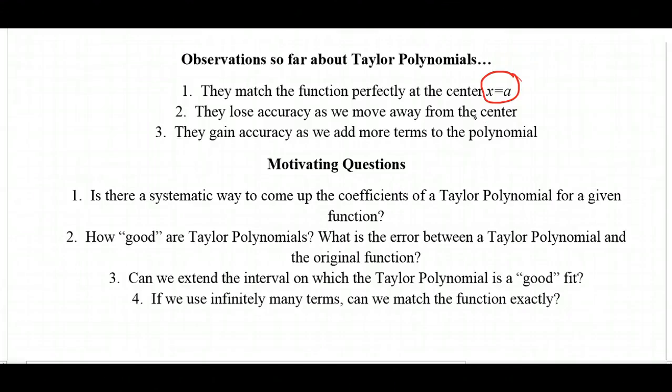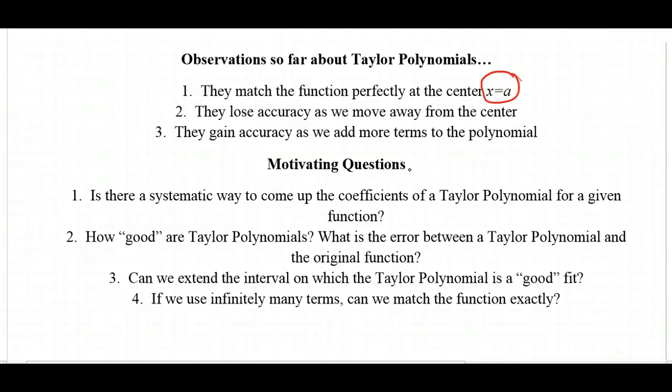As we move away from the center, the error between the original function and the Taylor polynomial grows bigger and bigger. But Taylor polynomials gain accuracy as we add more terms to the polynomial. As we increased from a cubic in that example to a quintic to a 7th degree polynomial, we were gaining accuracy further and further away from the center.